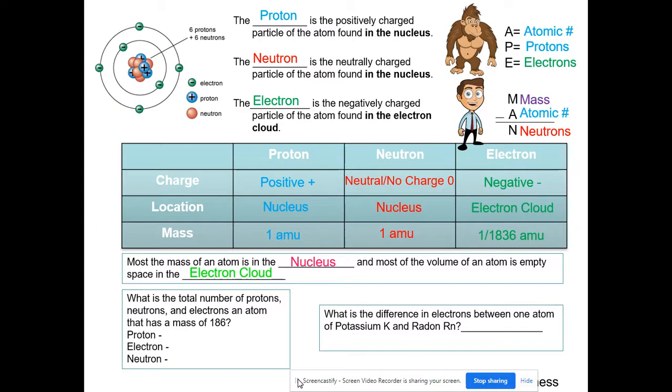Let's see if I can move this. What is the total number of protons, neutrons, and electrons in an atom that has a mass of 186? To answer this question, you'll need to look at a periodic table. I'll give you a moment.